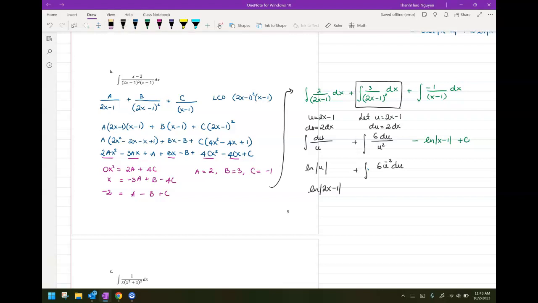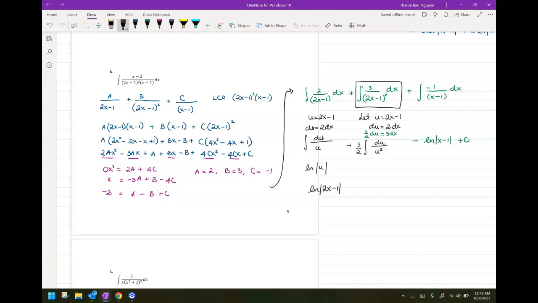Let's fix the integral in the middle. So we get 3 dx, and du equal to 2 dx. This means that 3 dx is equal to 3 over 2 du. So then this integral in between is 3 over 2 du over u squared.